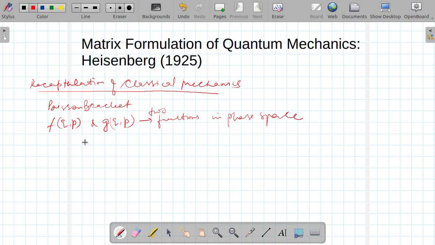Here Q is known as generalized position and P is known as generalized momentum.